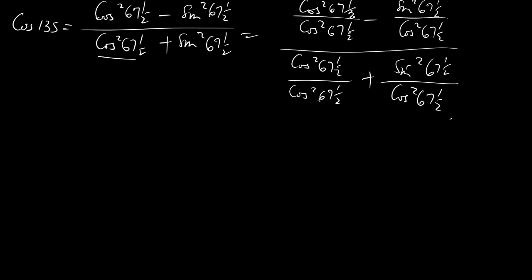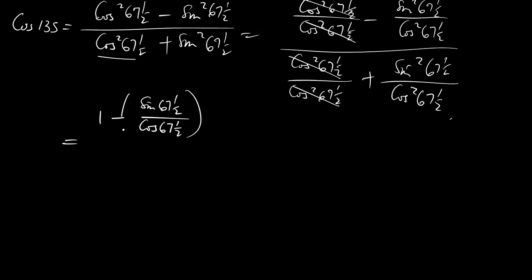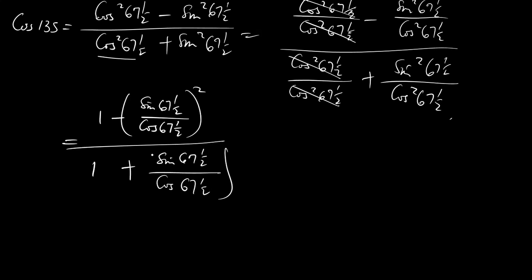Now cos square 67.5 will cancel this. This will cancel this. So we now have 1 minus sine 67.5 divided by cos 67.5 all squared, divided by 1 plus sine 67.5 divided by cos 67.5 all squared.